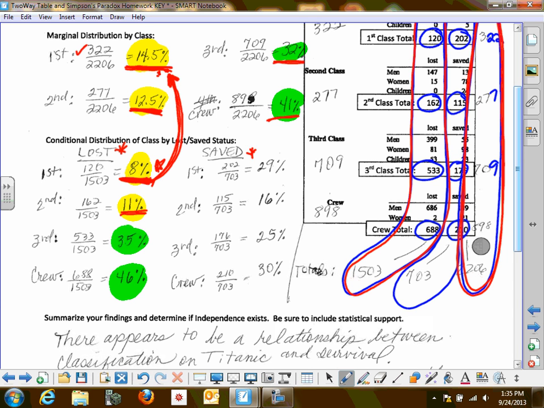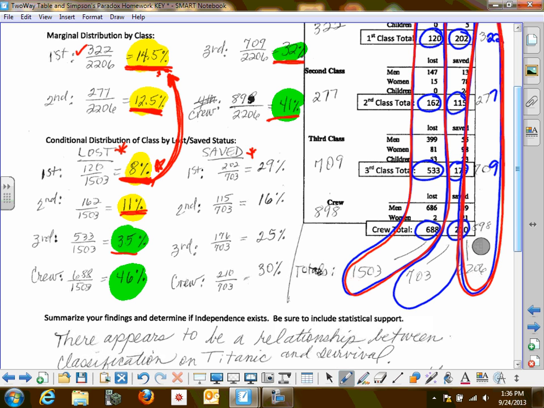So I personally noticed that, what do you have to say? I highlighted it in yellow here. The first class and the second class survivals, or they were dying at a what comparison to overall? Good. I noticed that first and second are dying at a lower rate than they were expected to, if they were equitably dying.